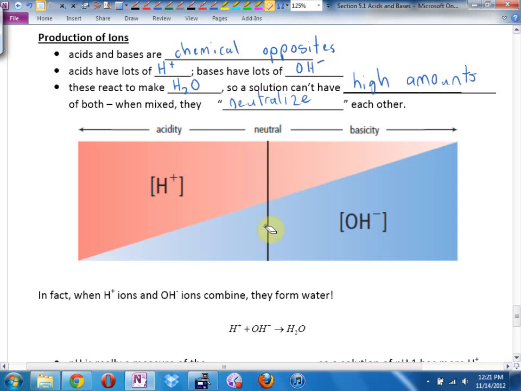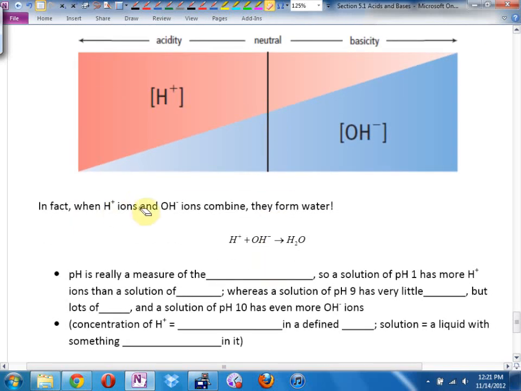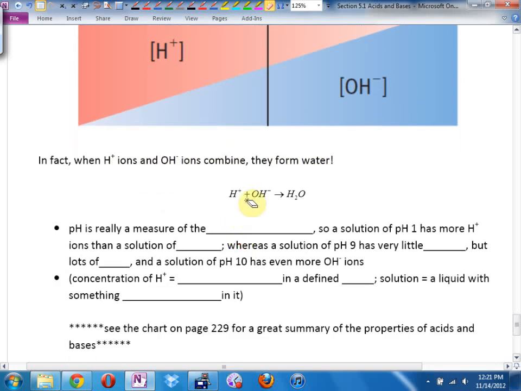In fact, when H plus ions and OH negative ions combine, they form water. The chemical reaction is H plus plus OH negative gives you H2O, and the crisscross rule says that's even a balanced equation. What does that mean? pH is really a measure of the excess H plus, the excess protons in a solution.